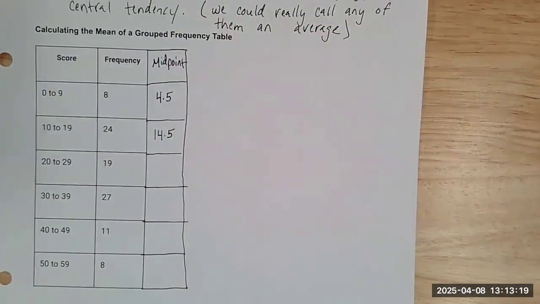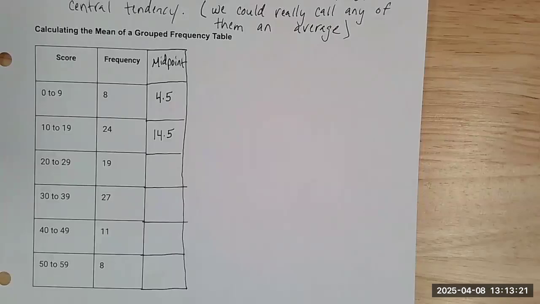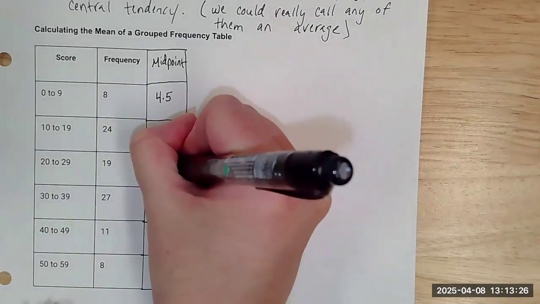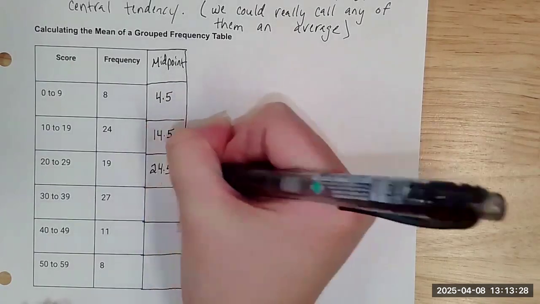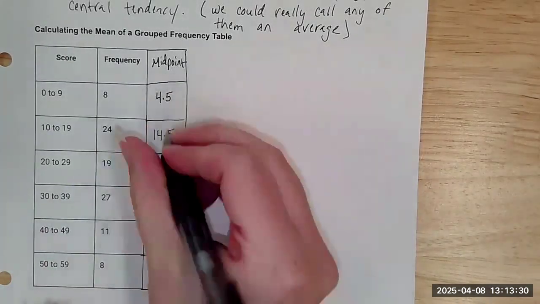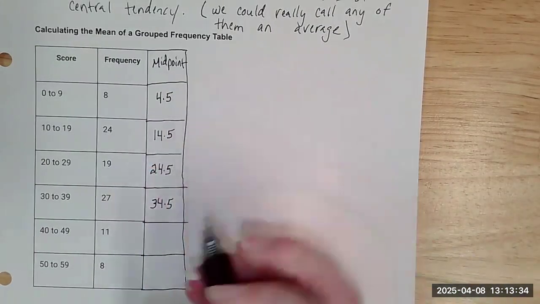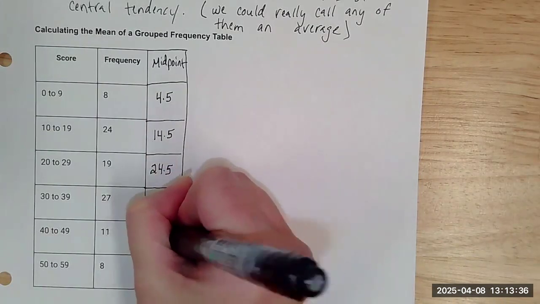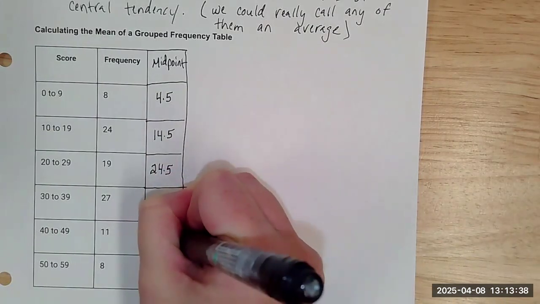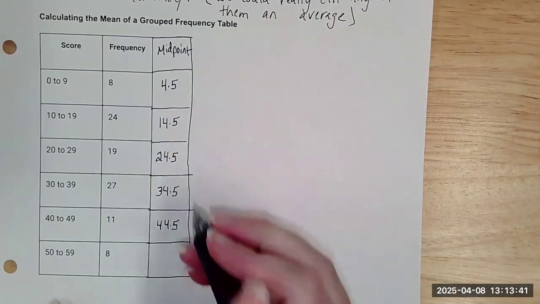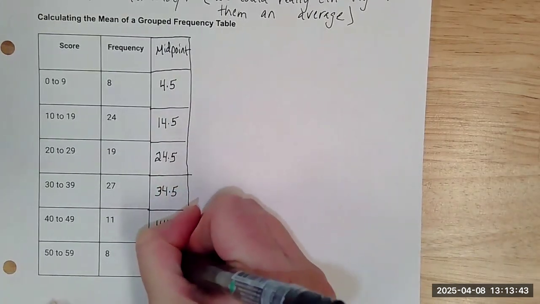Then the midpoint between 20 and 29 is going to be 24.5. The midpoint between 30 and 39 is going to be 34.5. The midpoint between 40 and 49 is going to be 44.5. And our last midpoint is going to be 54.5.